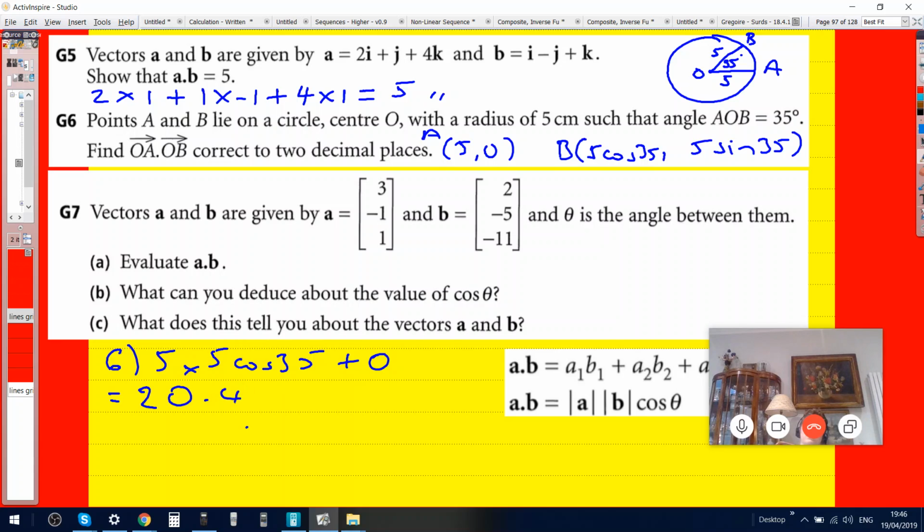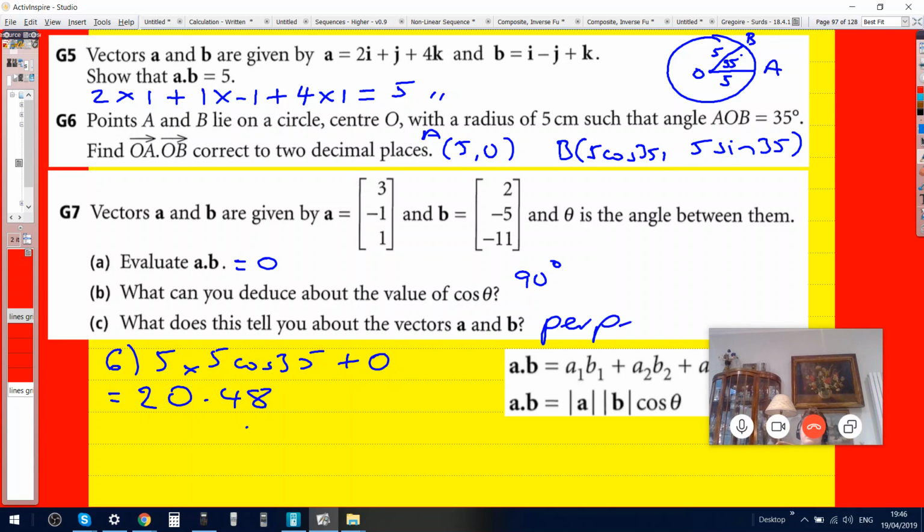What do you get for that? 0. And so what can you deduce about cos theta from that? Is it 90 degrees? Correct. What does this tell you about the vectors A and B? They are perpendicular to one another.